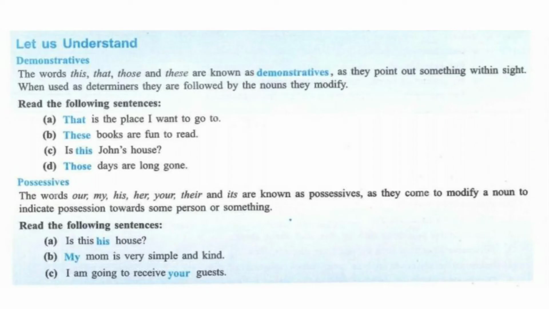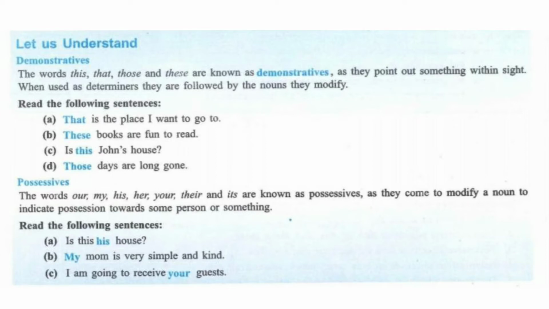Now demonstrative. The words this, that, those and these are known as demonstratives as they point out something within sight. When used as determiners, they are followed by the noun they modify. Now if we read the following sentences: That is the place I want to go.